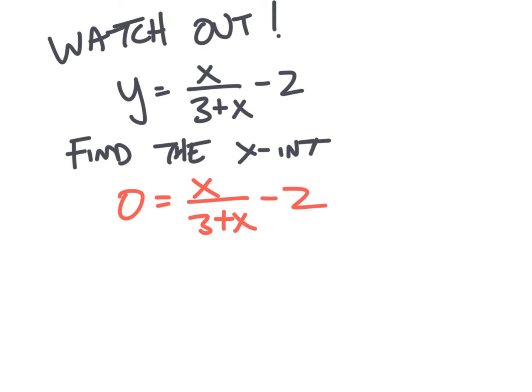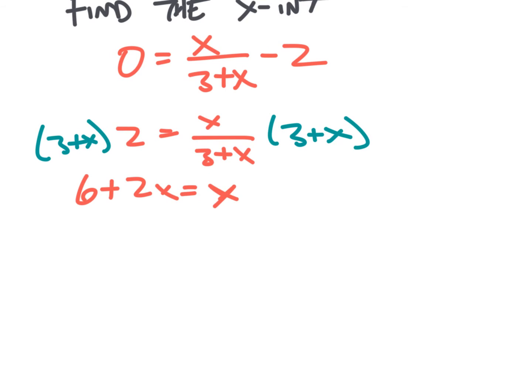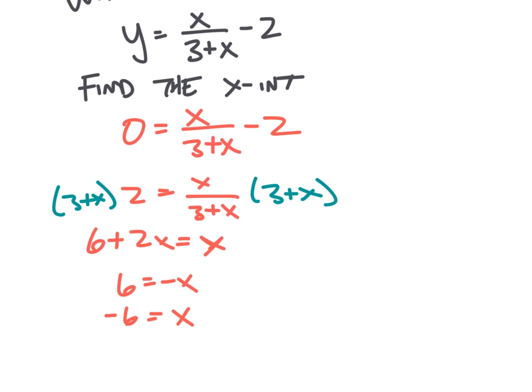So we're going to move the 2 over, and now whenever we multiply both sides by the denominator, it doesn't just disappear. Now we end up with 6 plus 2x equals x. So we'd have to solve that: 6 equals negative x, so x equals negative 6 in this case. It's really just an extra step. Nothing too scary, it's just something that you got to watch out for.